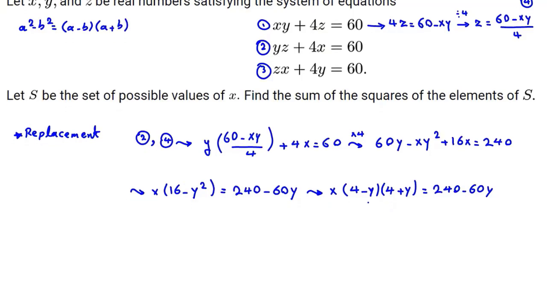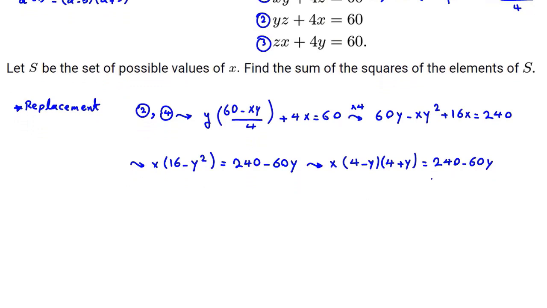Now I want to divide both sides by (4 minus y)(4 plus y). But here, we should check it is not 0. So, case 1. If 4 minus y is 0, then y equal to 4. The left side is 0, so the right side 240 minus 60y is 0 also.